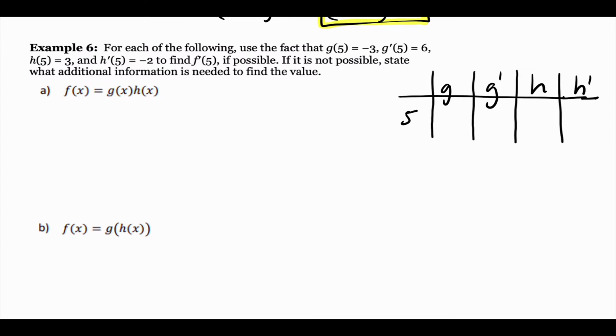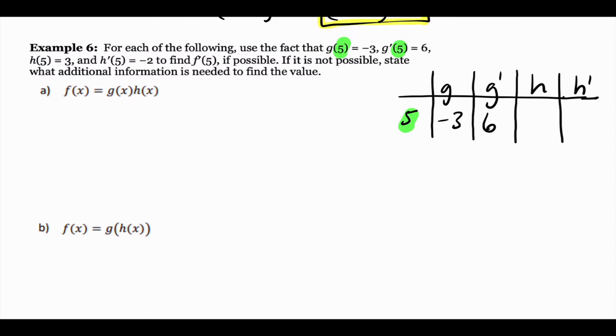So what they've said is, when I plug in 5 to g, I get -3 as an answer. When I plug in 5 to the derivative of g, I get 6.